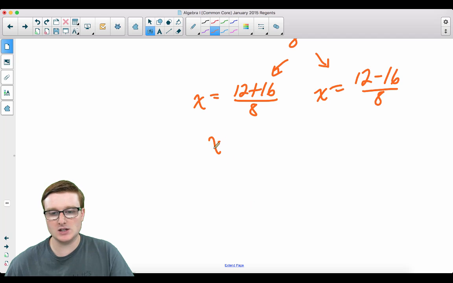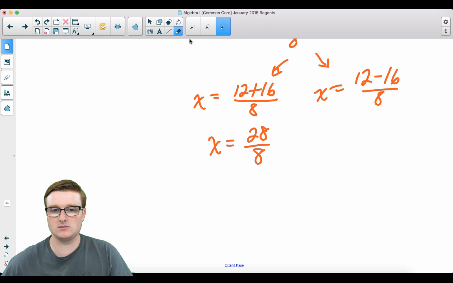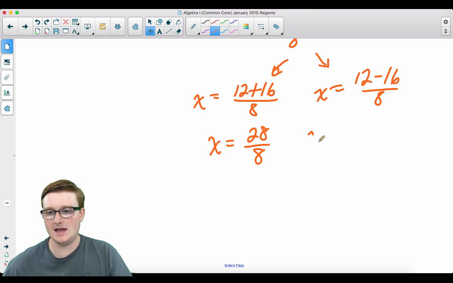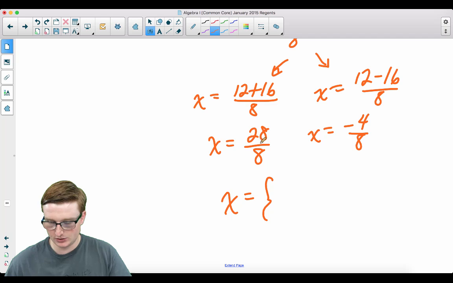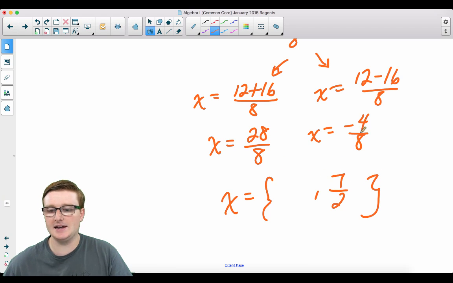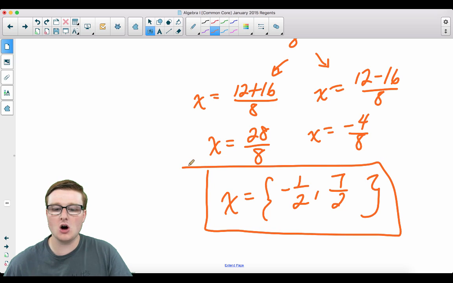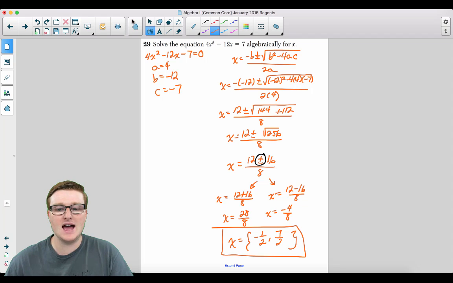So what we get is x is equal to 28 over 8, and then x is equal to negative 4 over 8. Now 28 over 8 could be reduced to 7 halves, and negative 4 over 8 could be reduced to negative 1 half. So those are your answers: negative 1 half and 7 halves.